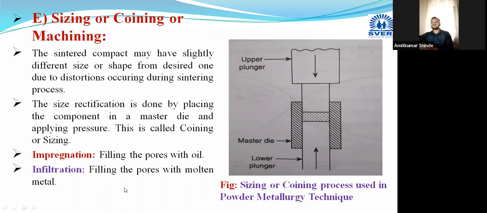And filling the pores on the surface with the help of molten metal, that operation is termed infiltration. Depending on our requirement or application, we can do impregnation or infiltration. But whichever sizing or coining is required, you have to do before starting the impregnation or infiltration method.